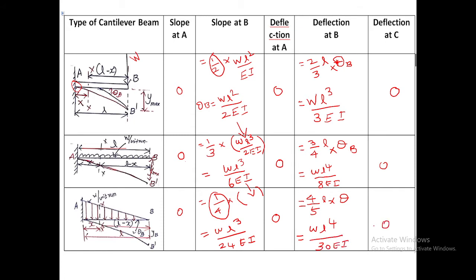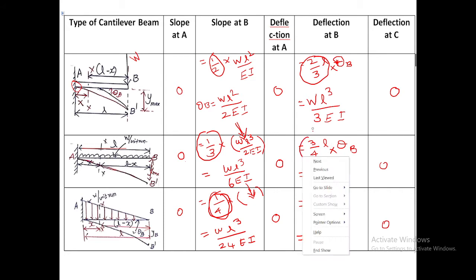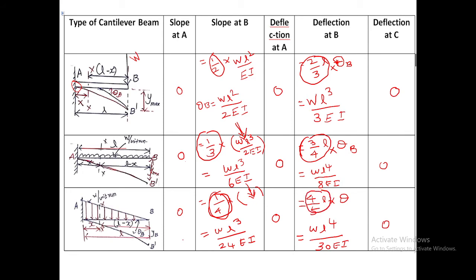Here we complete 1 by 2, 1 by 3 into the previous one, 1 by 4 into the previous result. Here 2 by 3 into L, 3 by 4 into L, 4 by 5 into theta.